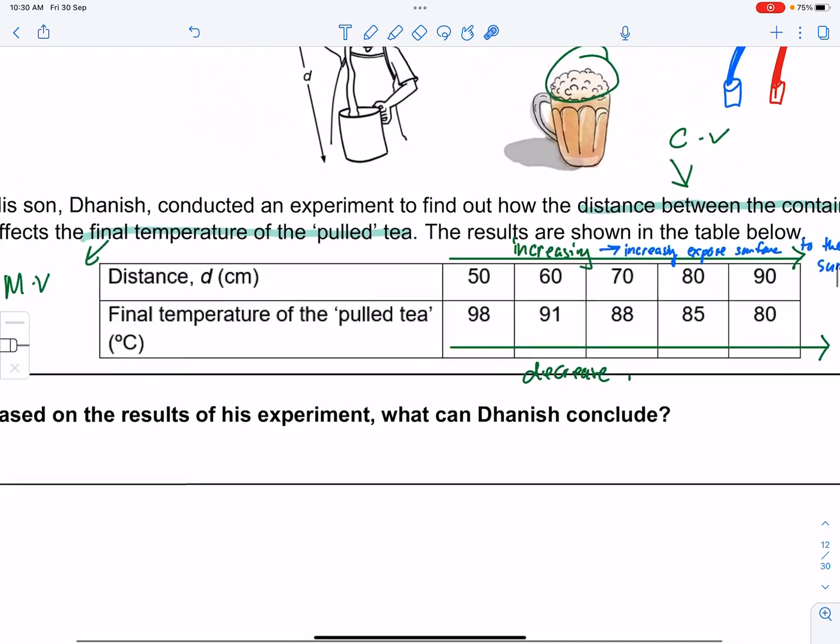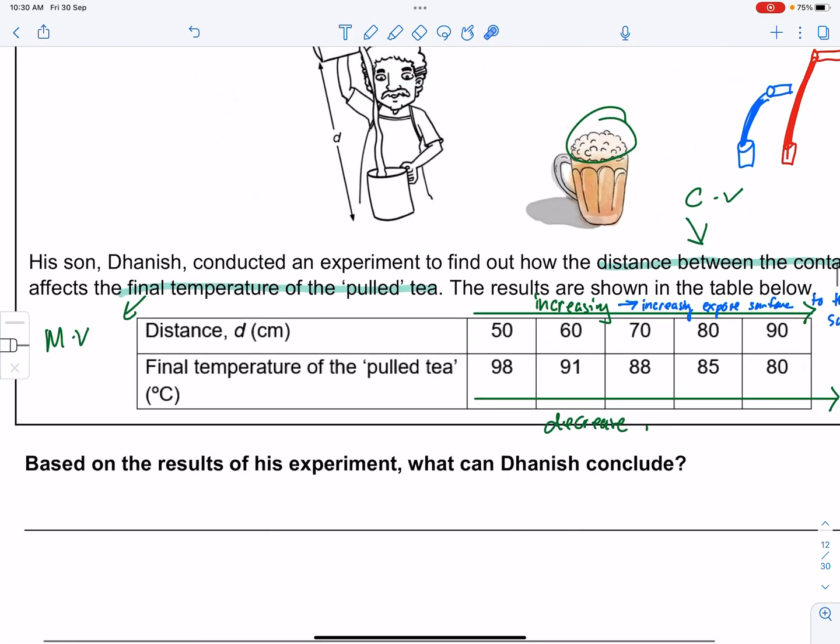Alright? So based on the result of his experiment, what can Danish conclude?